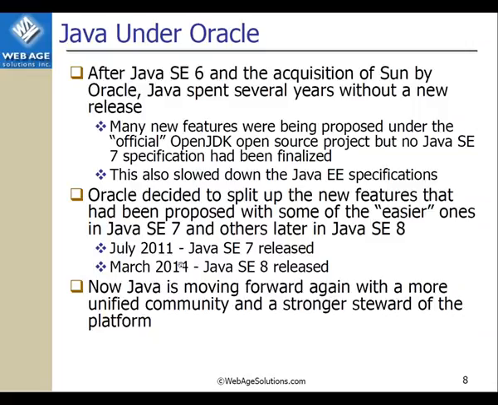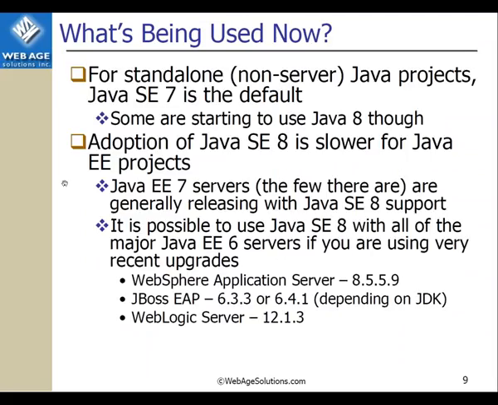And the good thing is, we're now moving forward again. We're getting more regular releases of Java SE, getting some releases of Java Enterprise as well. So we're kind of moving forward again, kind of more unified community, stronger company, kind of as a steward of Java, basically.